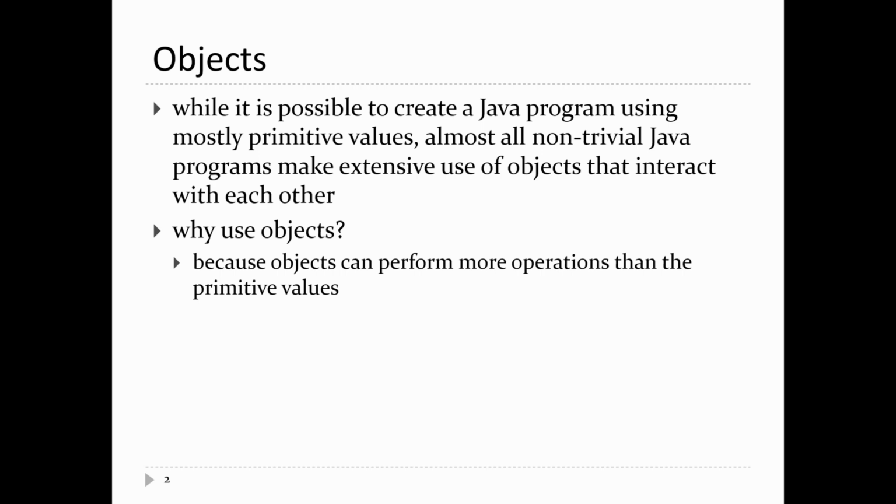If it didn't provide those operations, the programmer would have to provide them themselves. When you take Sys 220 and learn the C programming language, what you'll end up learning is how to make a C string do stuff like a Java string can do, because the C language doesn't provide you with any sophisticated string operations.